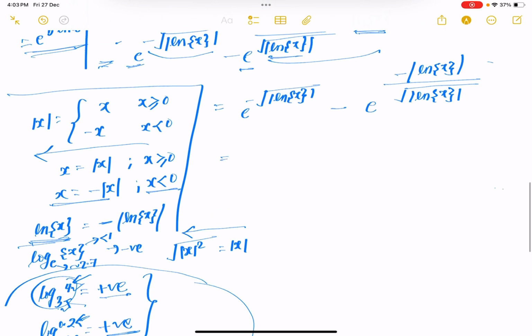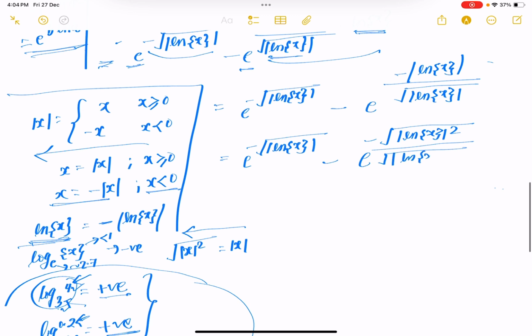So mod x can also be written as the square root of x squared. So now this can be written as e to the power mod of ln of the fractional part of x, minus e to the power of the square root of ln of the fractional part of x whole squared divided by mod of ln of the fractional part of x.